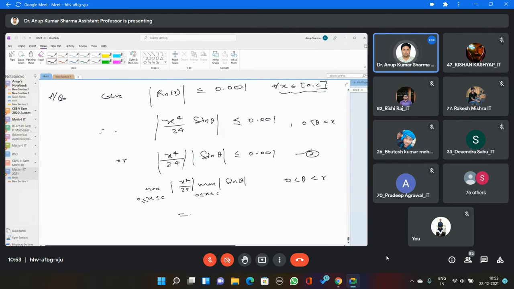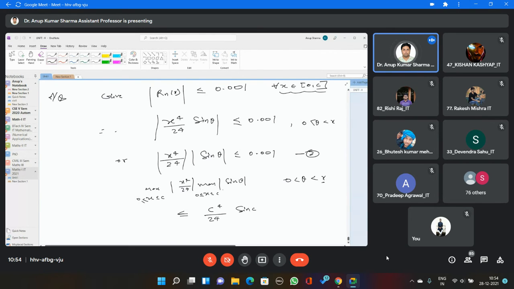So this is equal to what, the maximum value becomes c to the power 4 upon 24, and again here comes sin of c, because theta is at its maximum up to x.